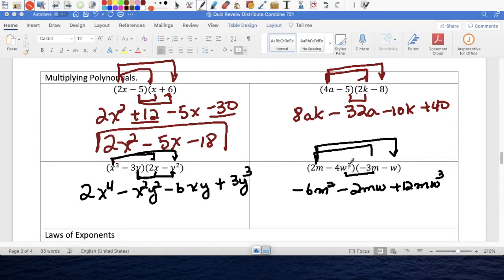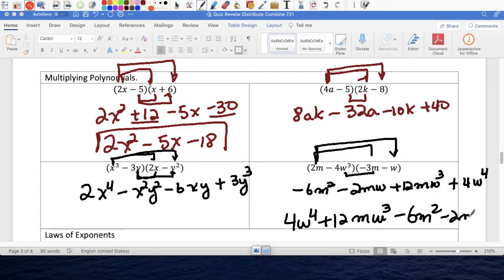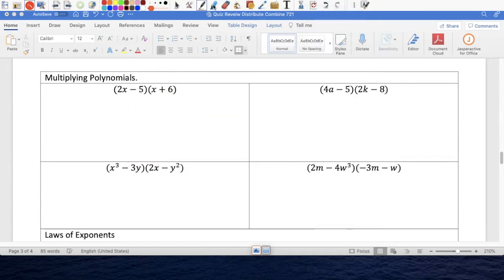And negative 4w cubed times negative w is just positive 4w to the 4th power. Like terms? No. And you can rearrange this to write it in order, and I'll do that. Plus 12mw cubed minus 6m squared minus 2mw. And that's that. All right.